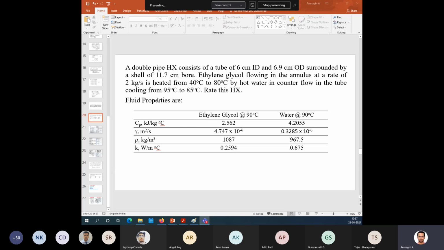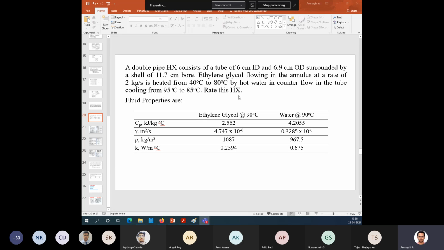Ethylene glycol flowing in the annulus at the rate of 2 kg per second is heated from 40 degrees centigrade to 80 degrees centigrade by hot water in counter flow in the tube, cooling from 95 degrees centigrade to 85 degrees centigrade.